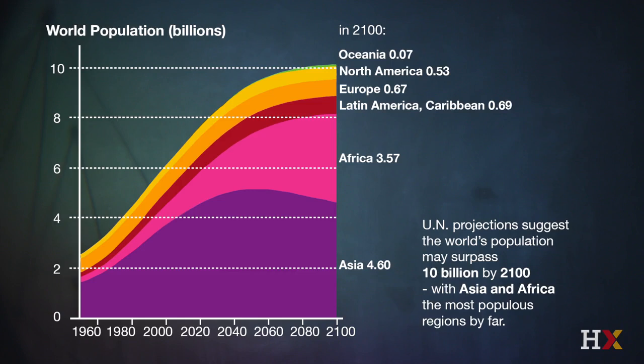And the remarkable thing to notice here is that while Asia is recognized as the area of rapid population increase, the change in the Asian population from 2018 to its peak at about 2050 is only about 0.4 billion people. But look at Africa. Africa is about 1.2 billion today, but it's headed for 3.6 billion by the end of the century. So the dominant increase in population is occurring in Africa.